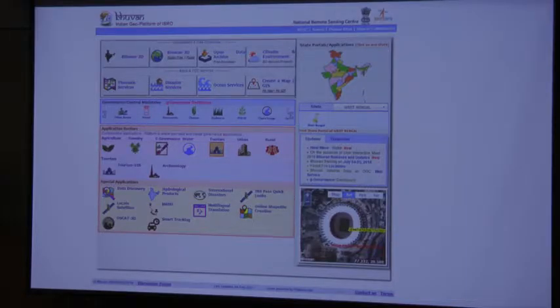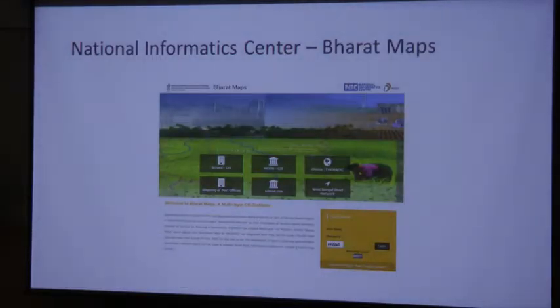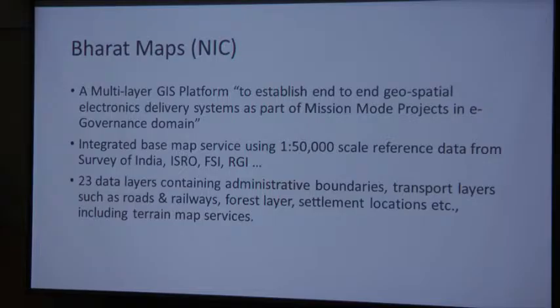So finally, everybody has access to maps. That's pretty remarkable. And another one is National Informatics Center's Bharat Maps. Pretty incredible work. And Bharat Maps has, again, very ambitious goals with 23 data layers. And it's definitely geared towards e-governance, okay?